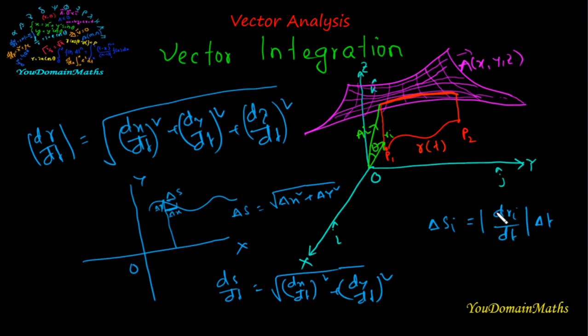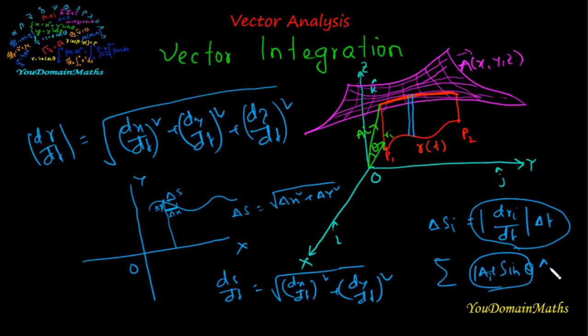So the multiplication of this term and this term represents the area of the infinitesimal strip, because the strip's width is this and the height is this, so the product of these two terms represents the area of this infinitesimal strip. So the summation of these represents the area of this region.